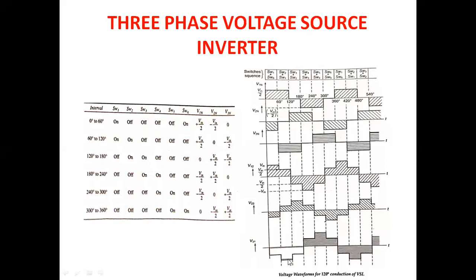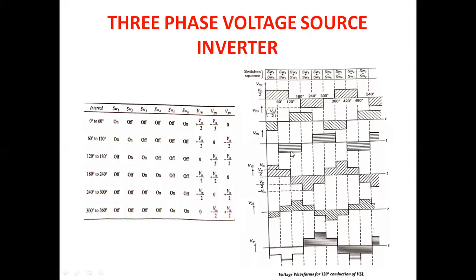So now for the third interval, when switch 2 and switch 3 is on, the output voltage V1n is 0, it is clear. V2n is plus Vin by 2, it is clear. V3n is minus Vin by 2, it is clear.